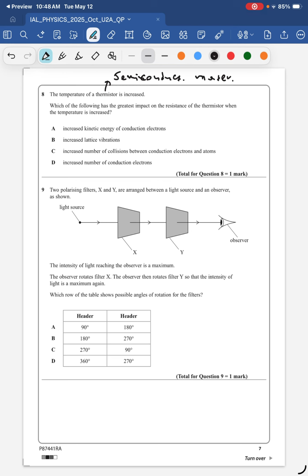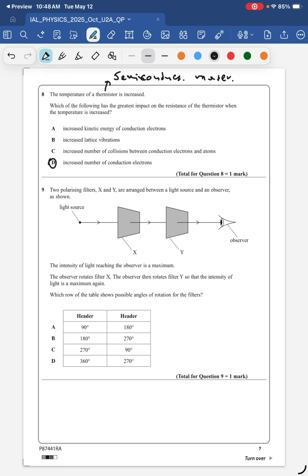So option C, increased number of collisions between conduction electrons and atoms, no. And then D, increased number of conduction electrons, which is what I just said about semiconducting materials in general. The same happens with solar panels, for example. As you increase the temperature, the resistance decreases.